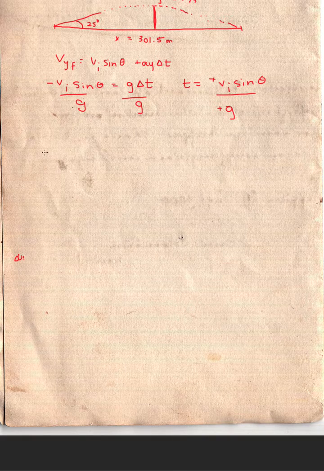Again, remember that the velocity in the y direction, the final velocity, is 0. We're going to use this formula that says our final velocity in the y direction squared is equal to the initial velocity in the y direction squared times sine of theta.